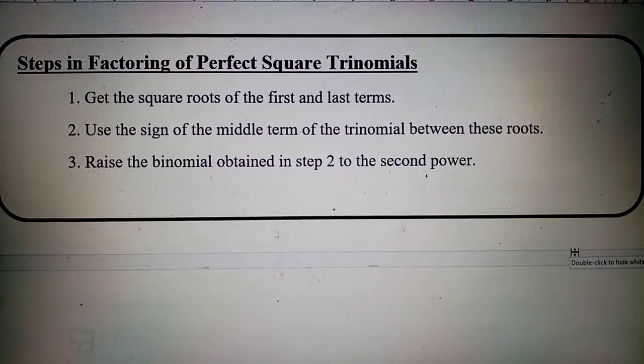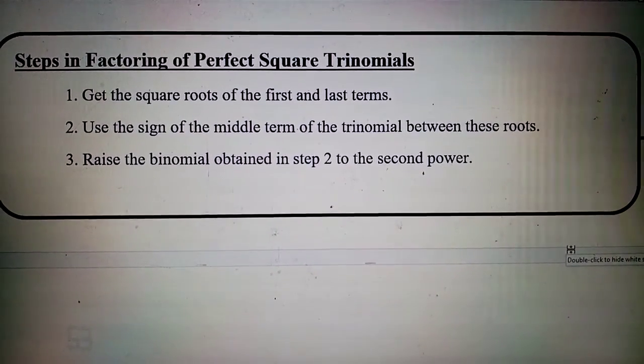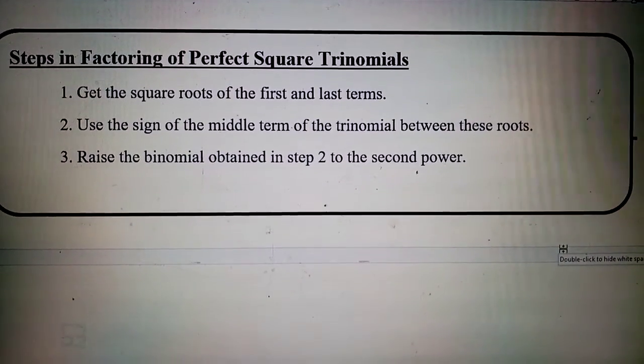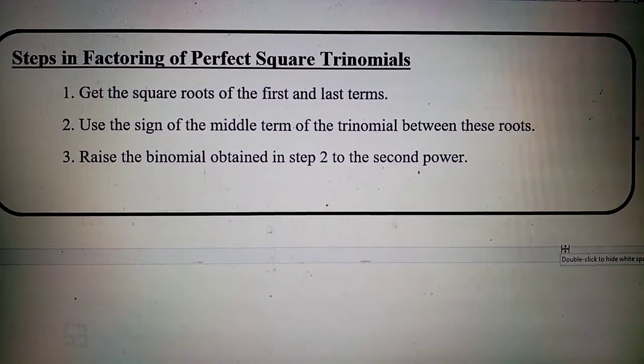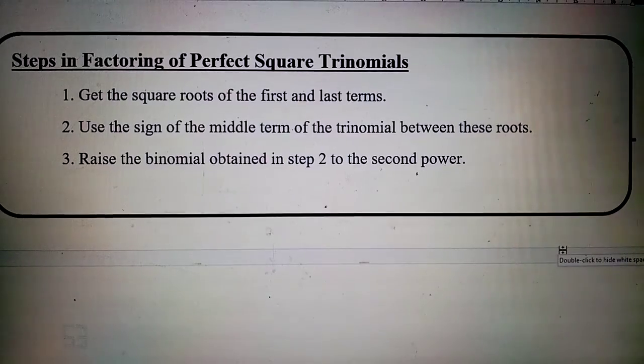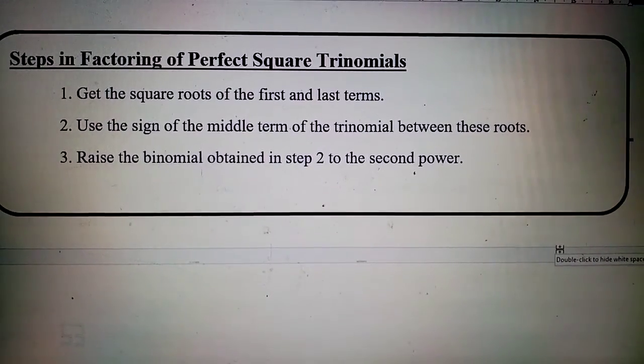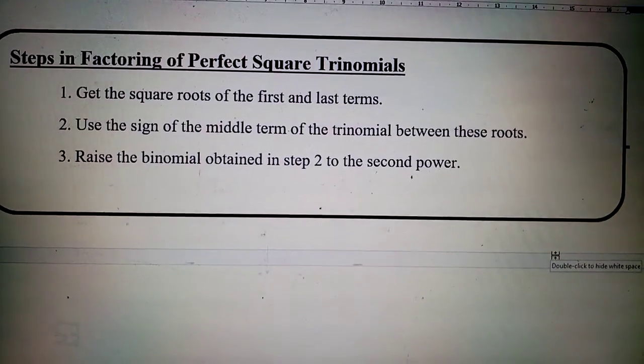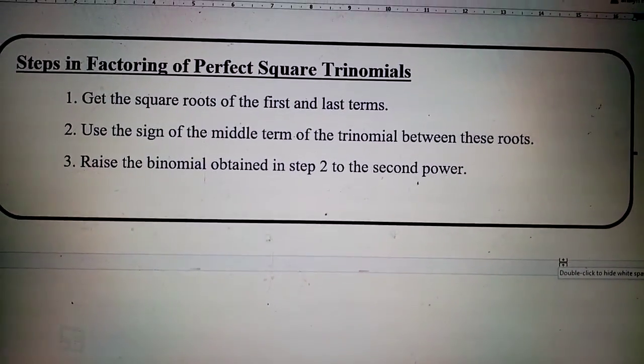So, gagamitin natin yung sign ng middle term ng trinomial. Then, the third step is to raise the binomial obtained in step 2 to the second power. I-apply na natin itong 3 steps.